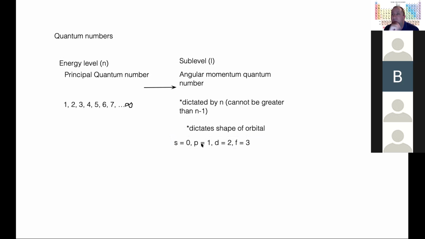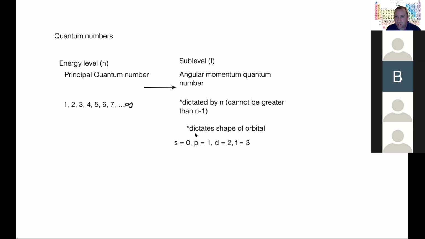But there's two things that we have to think about when we look at this particular quantum number. The first is that if we know the shape, we know what this quantum number is.